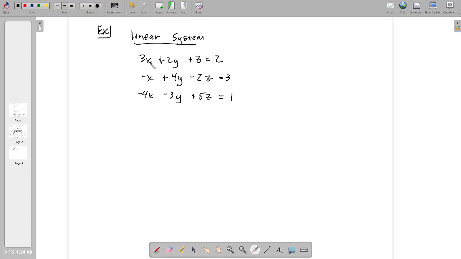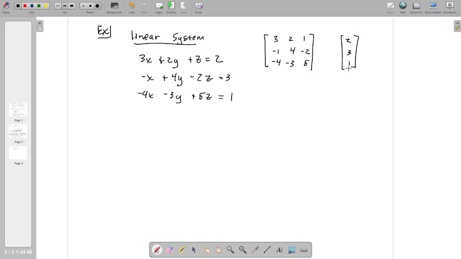One being the matrix of coefficients, so we would have 3, 2, 1, negative 1, 4, negative 2, negative 4, negative 3, 5, and the other one being just the solutions. This is our coefficient matrix, and then our solutions would be 2, 3, 1.